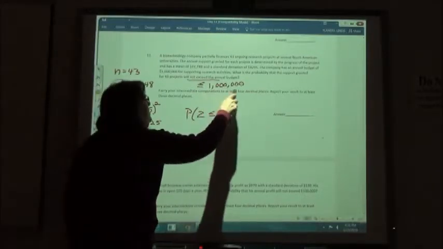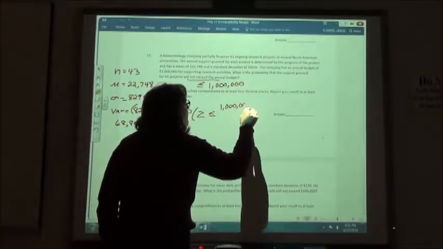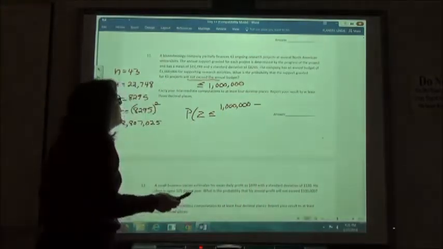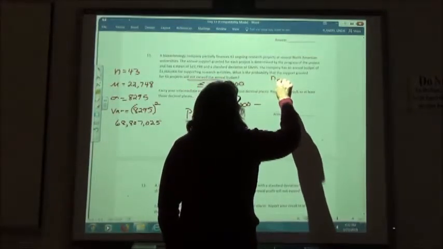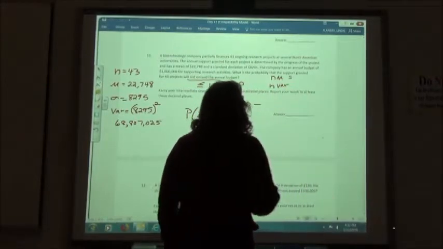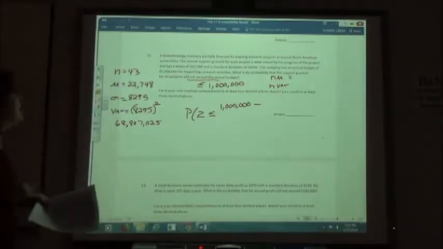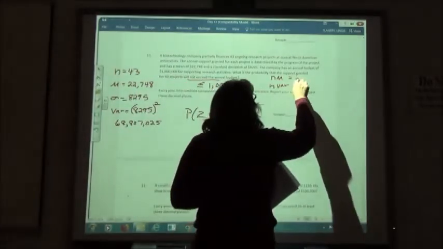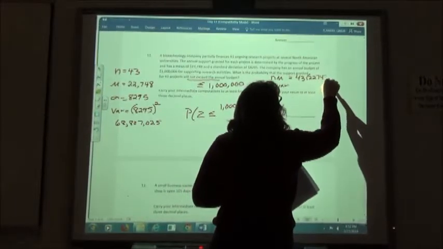So here's my value I don't want to exceed, $1 million. I'm going to subtract... I didn't find my mean yet. I have to find n times my mean and n times my variance first for my formula. So n times my mean, I'm going to take 43 times my 22,748.